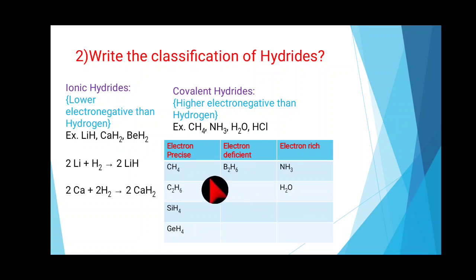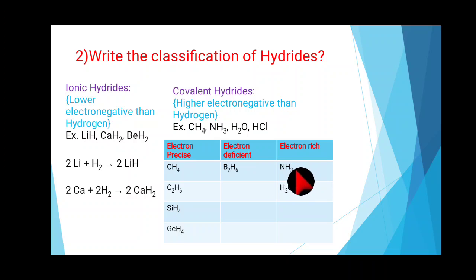Okay, here electron precise means what? The electrons are correctly shared among the atoms. Electron deficient means the boron in B2H6 diborane has a vacant orbital. Even if it is attached with 6 hydrogen, the boron has a vacant orbital.